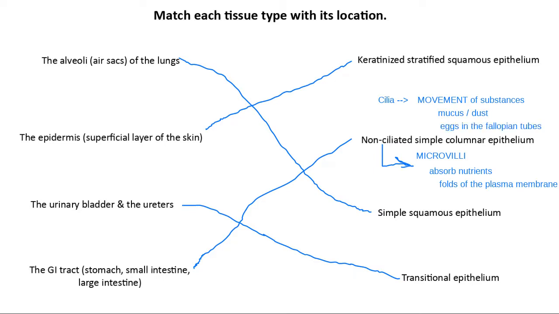So when they move from the ovaries down to the uterus, cilia help that movement to happen. So our ciliated simple columnar epithelium is going to be in places like the respiratory tract where it's moving dust and mucus, or in places like the fallopian tubes where it's moving eggs. So if you have cilia, you move stuff. If you don't have cilia, you absorb stuff. So that's another key word in their names to help us figure out what they're doing or where we might find them.